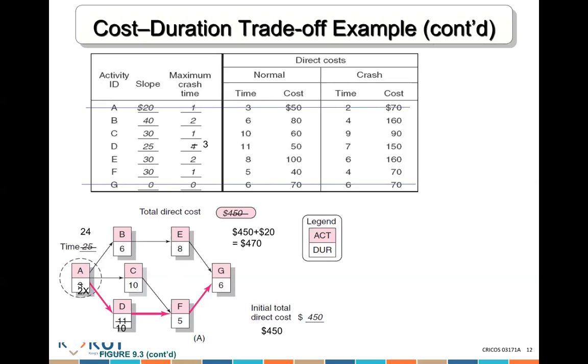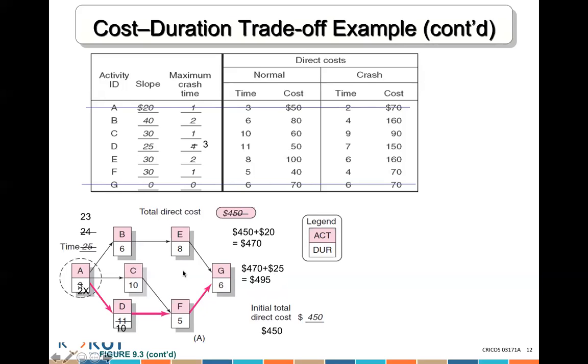ACFG and ADFG are both critical. They're both 23 days now. So basically, I need to crash one activity from each path or one combined activity for the paths. So I now have 23 days, 495.